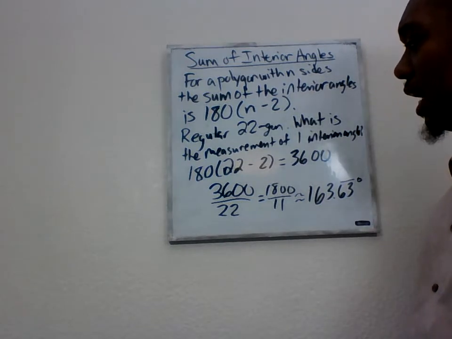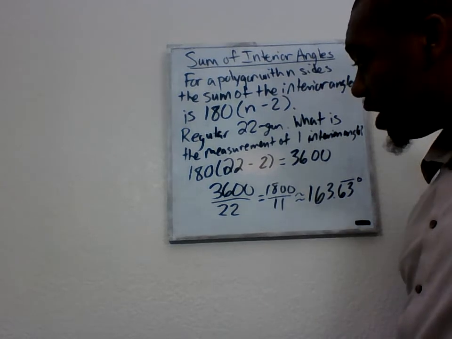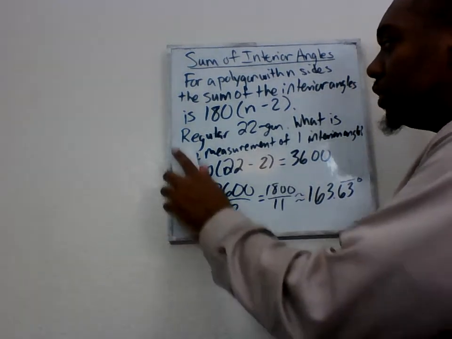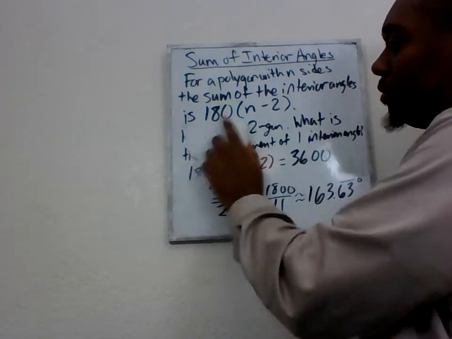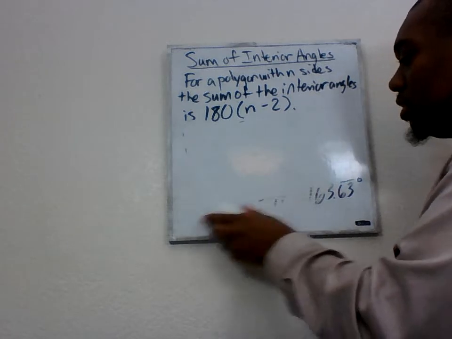Well, let's take this in another way. Okay, shall we? So I'm going to erase this here. Just this problem. So we use this to find the measure of an interior angle.